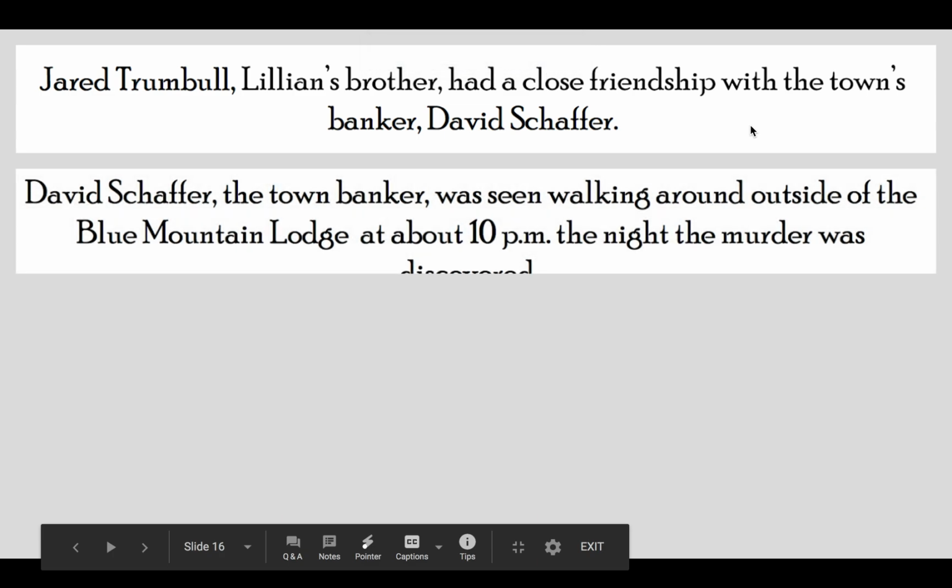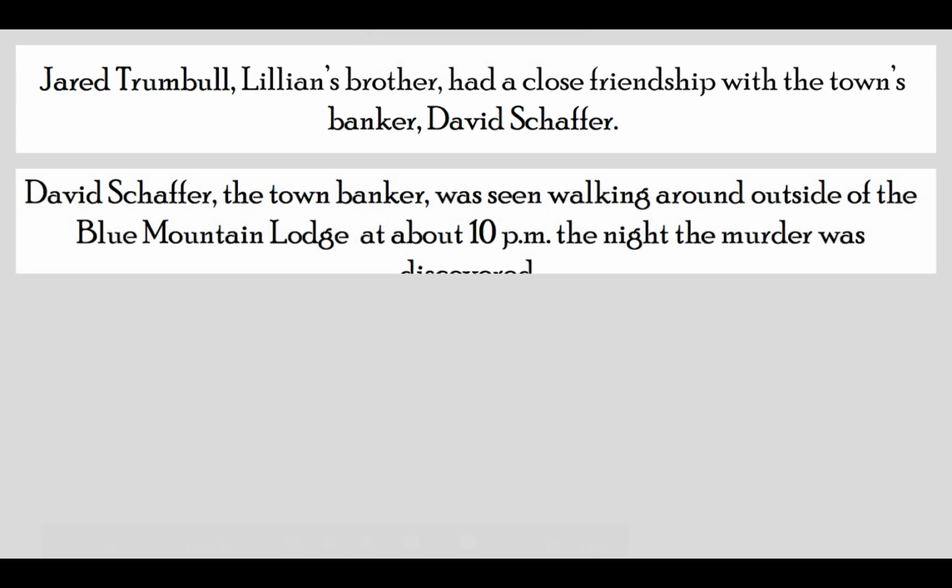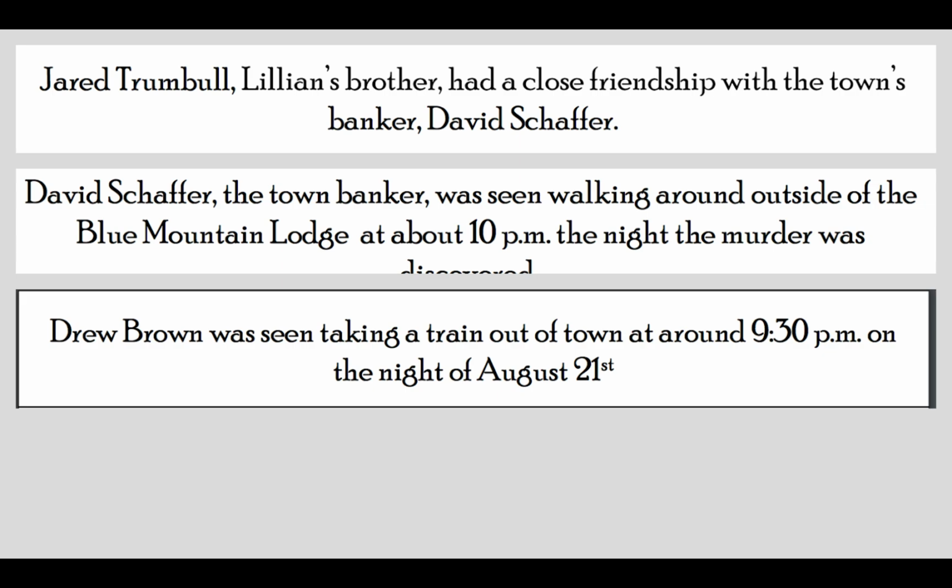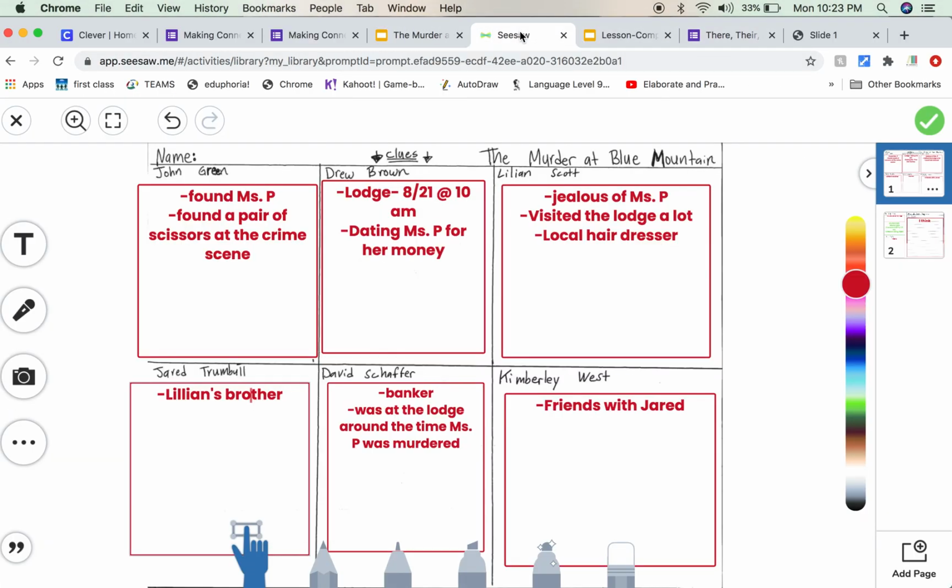So we know David's the banker. David was there at around the same time at the Blue Mountain Lodge. And then Drew Brown, he was seen taking a train at around the same time of the murder. So let's go back and add our notes for Drew. And he was also dating Miss Peabody for her money.